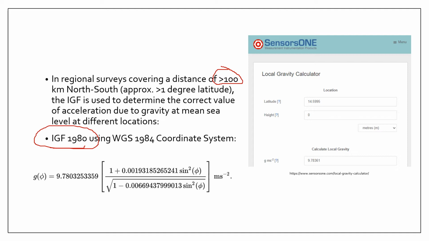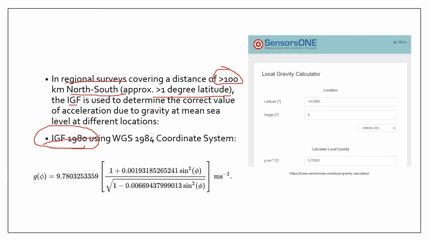For that kind of survey, you will need an IGF correction, because you have exceeded 100 kilometers north-south, which is more than 1 degree latitude.